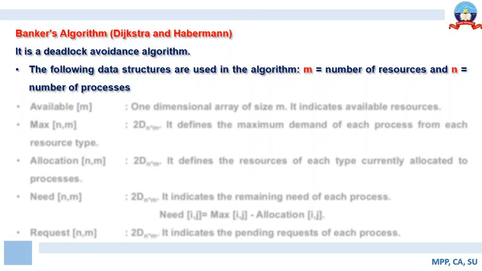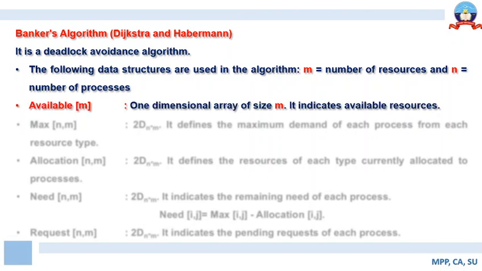Here, m represents the number of resources, but it does not represent the number of instances of the resources. So here, m is just a representation of the number of types of resources that the system has in it. Taking these two considerations, let us discuss the attributes of Dijkstra's-Bankes algorithm.